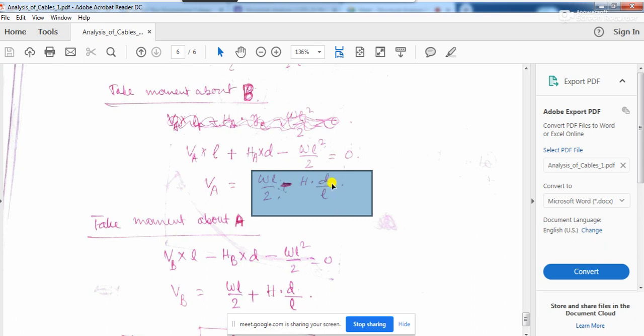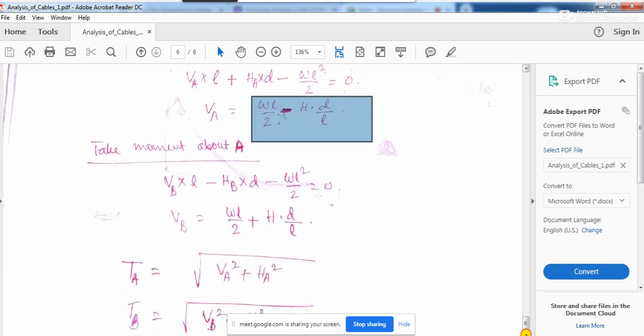D is the difference between the heights of the supports. And what is L? L is the total span of the bridge. On the other hand, Vb is the vertical reaction force at the higher support, and there Vb is going to be equal to WL by 2 plus H into D upon L.